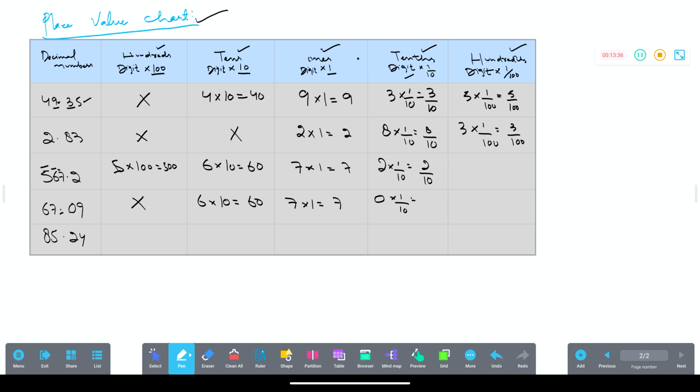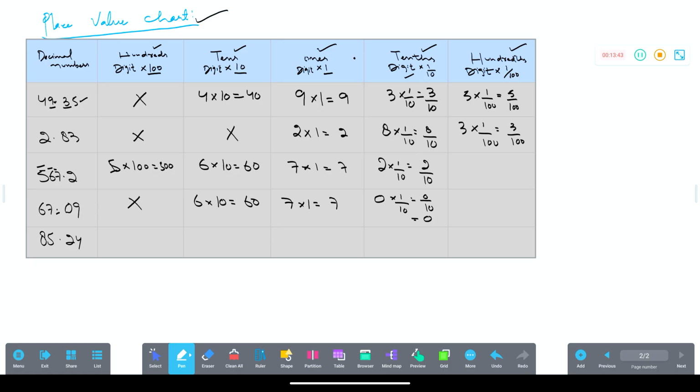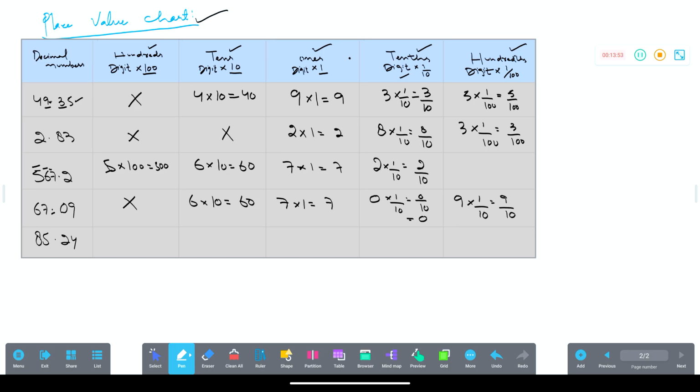That will be equal to 0 by 10, and you know 0 by anything is equal to 0. Now, hundredths place, it is 9. 9 into 1 by 100, that will be equal to 9 by 100. Now, in the above number, we don't have any digit at the hundreds place, it will be cross here. Or you can write 0. In place of cross, you can write 0.